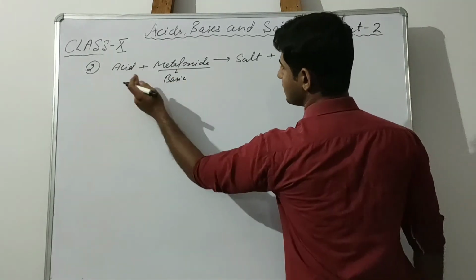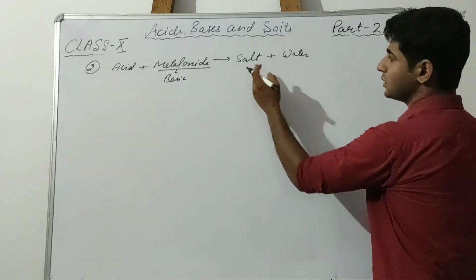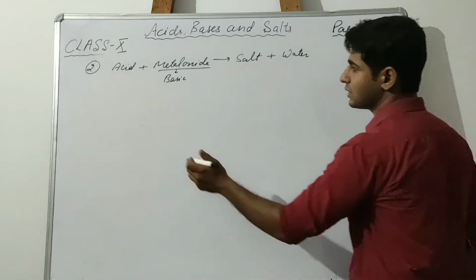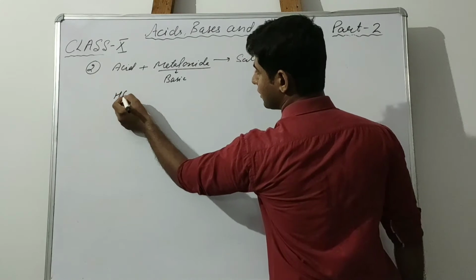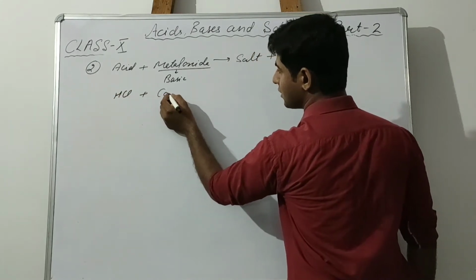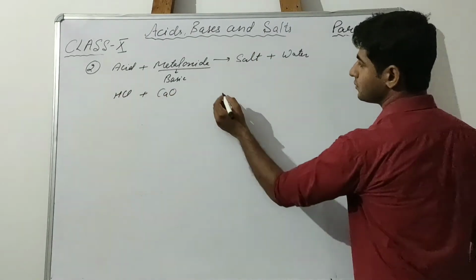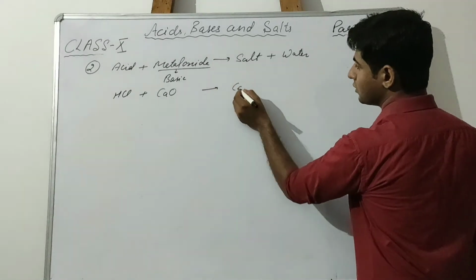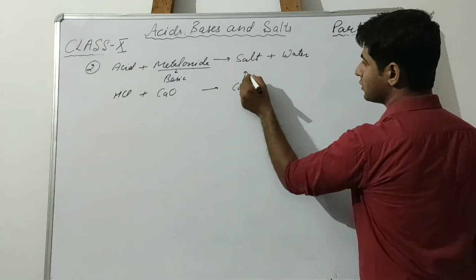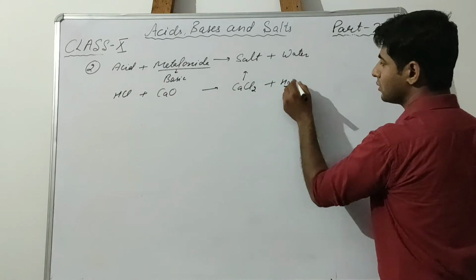If acid and base react, they will form salt and water. For example, HCl plus calcium oxide will give calcium chloride salt and water.